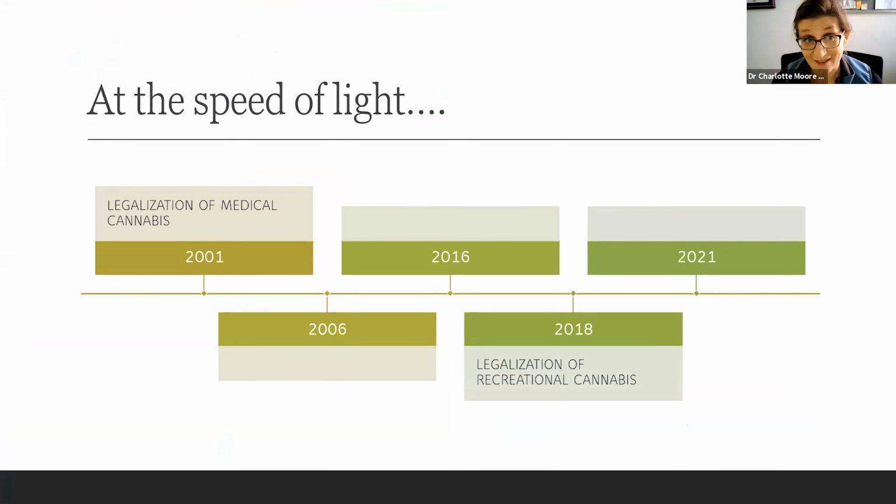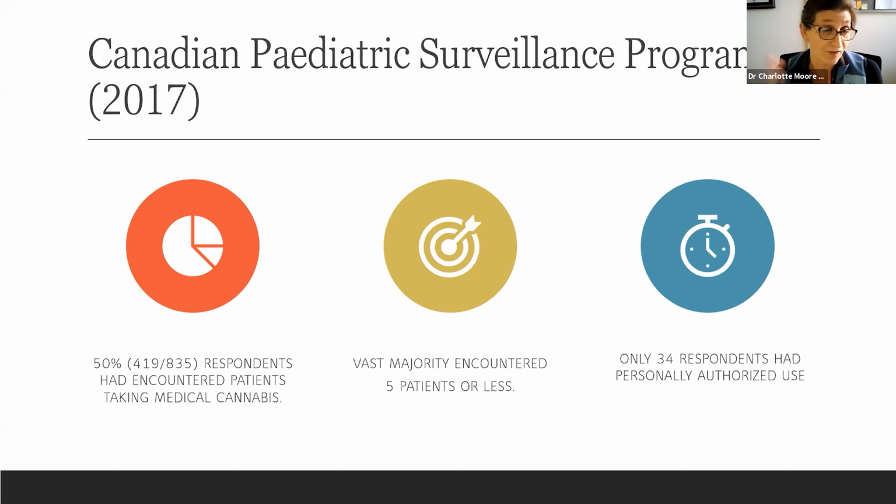So before legalization, 50% of pediatricians in Canada were aware that at least one of the patients in their practice was on medical cannabis. The vast majority did report that they had 5 patients or less, although a significant number, so 35%, would have had more than 5 patients in their practice on medical cannabis.